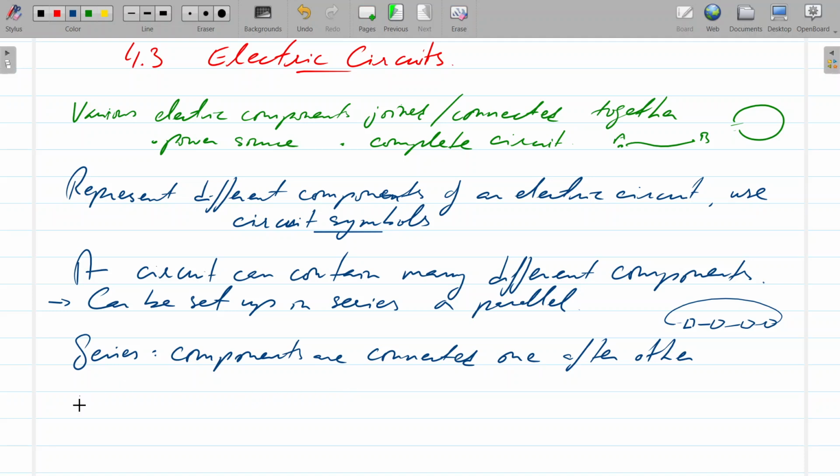Whereas in parallel, right, the components are set up in a branched way, right? So they're set up side by side.